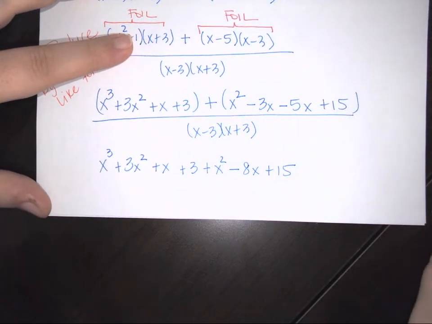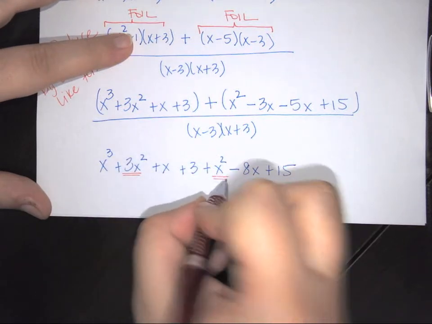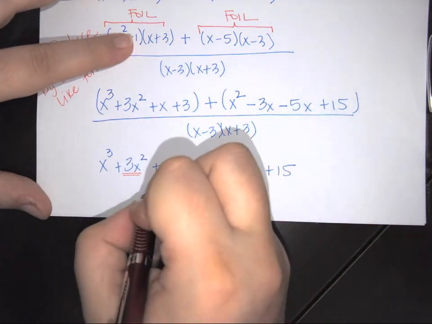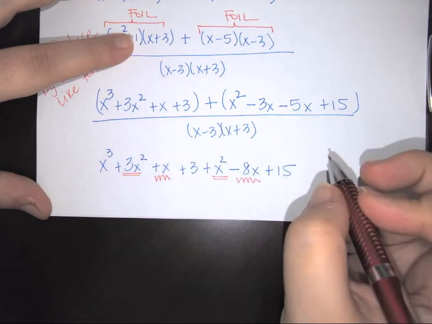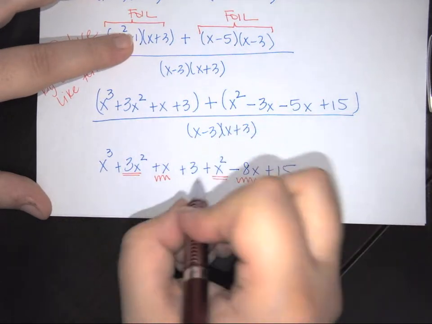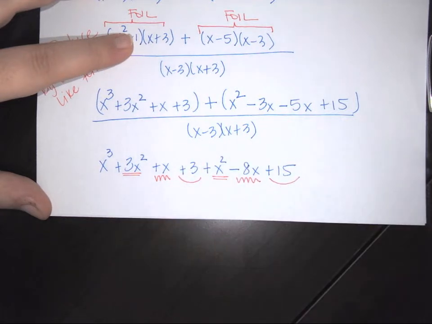So I have to look at what are the terms that I'm going to combine. Well, I have a 3x squared and an x squared. I have a positive x and a negative 8x. And then I have plus 3 and plus 15.